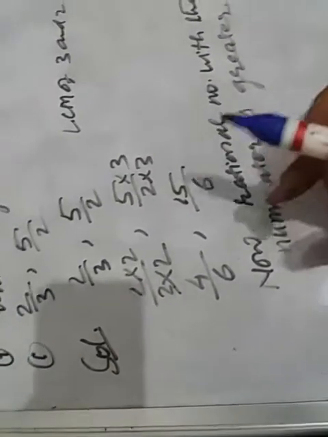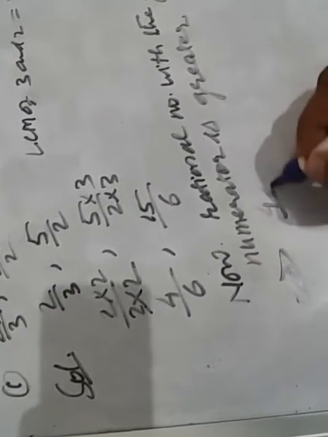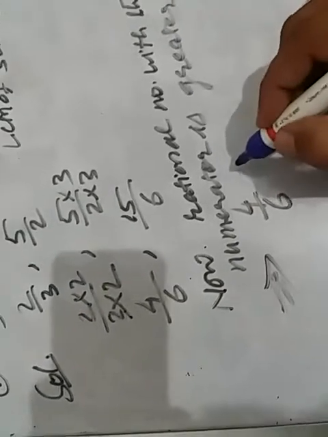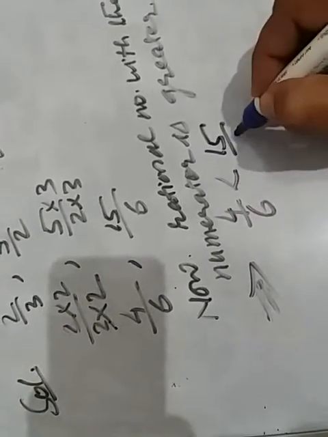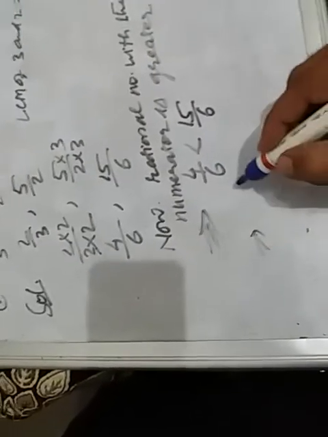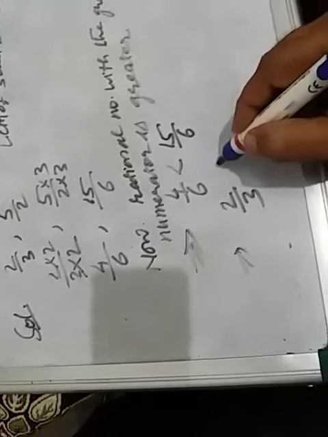So how will you put the sign here? This implies that 4 upon 6 is less than 15 upon 6. Why? Because 15 is greater than 4. This implies that what is the ultimate result? That is, 2 upon 3 is less than 5 upon 2. Clear? So this is how we have to proceed. This is the answer children.